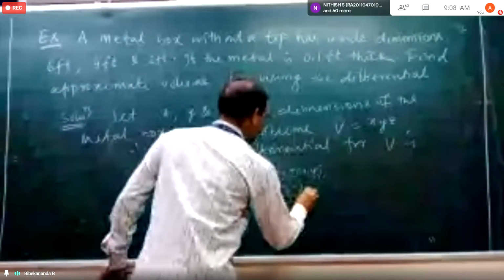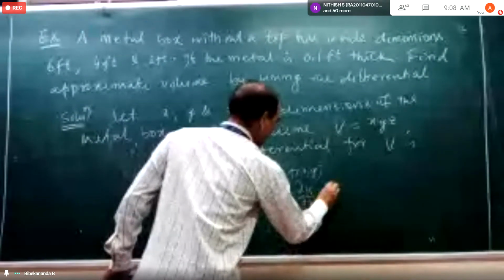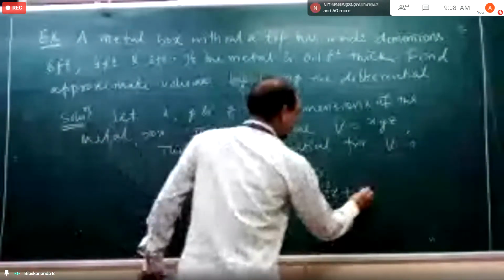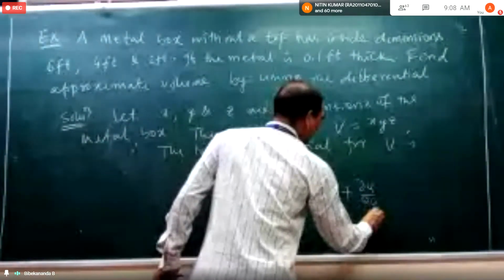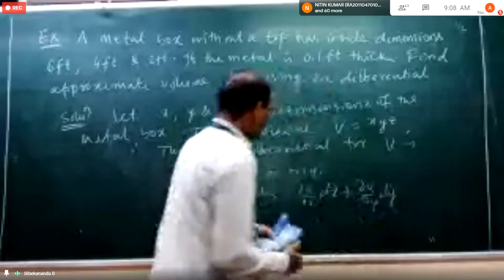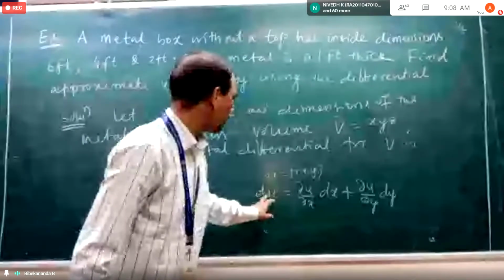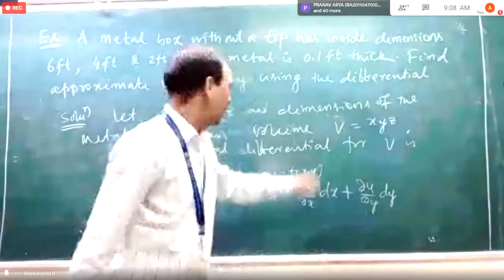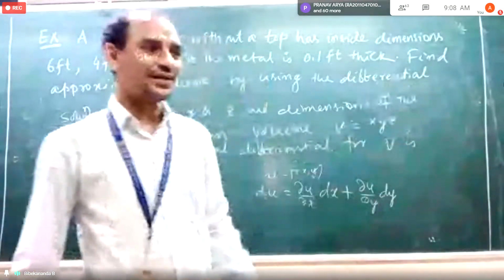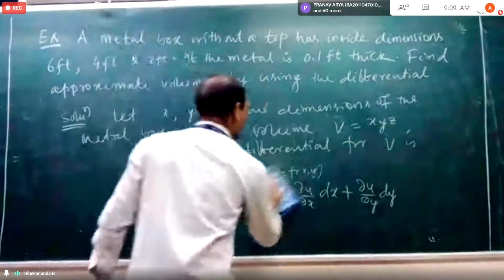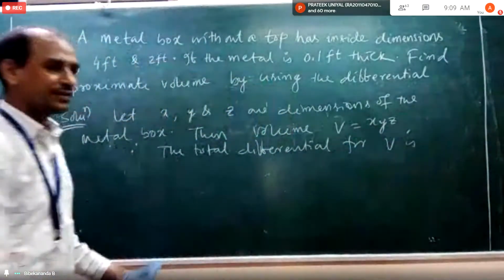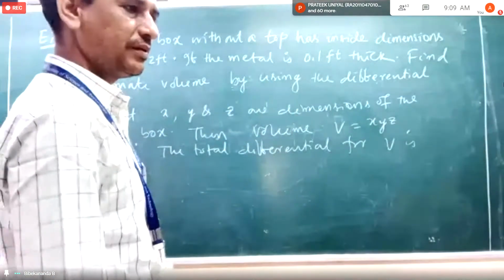So dou U by dou x into dx plus dou U by dou y into dy. So when U is a function of x and y, we find the total differential like this. Now here V is a function of x, y, z. So what will be the total differential? Tell me. Dou V by dou x into dx.